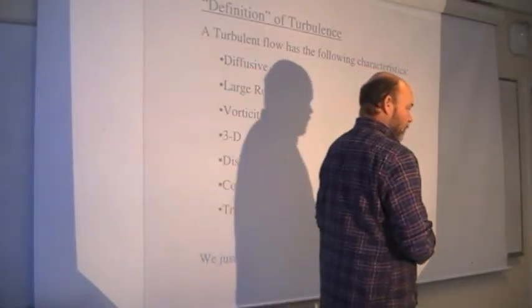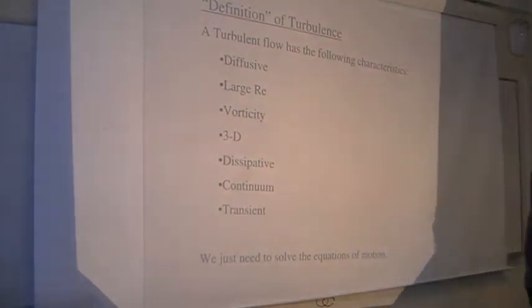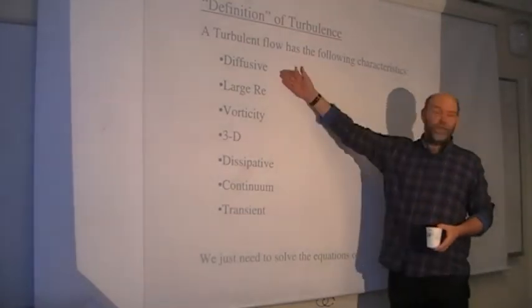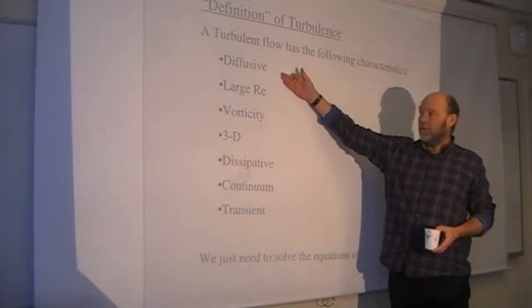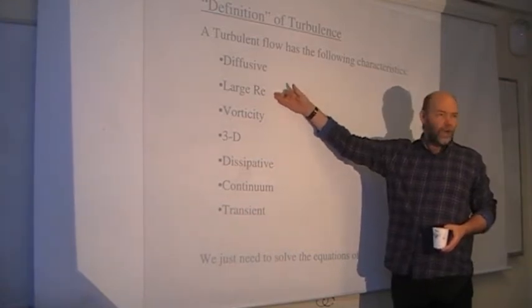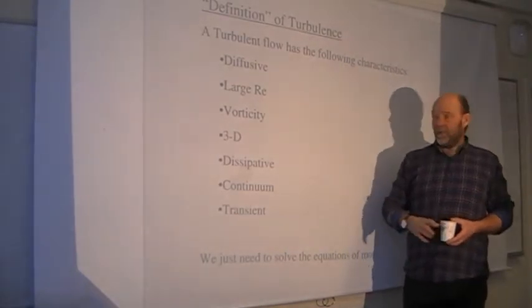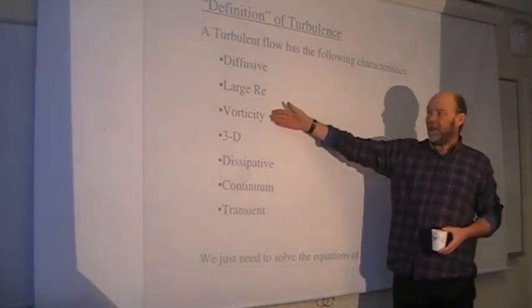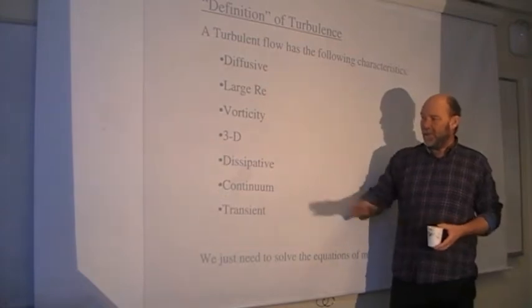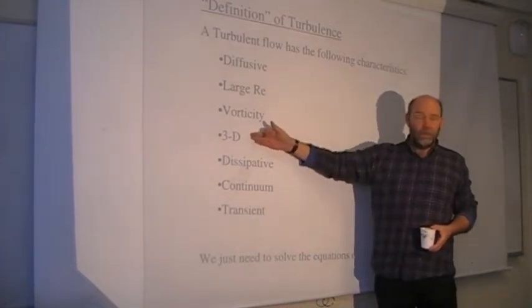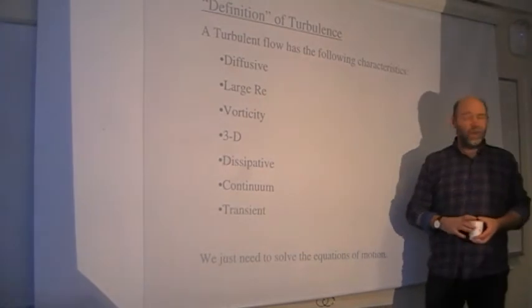We define turbulence as a flow with all of these characteristics. The flow is always diffusive, with a high degree of mixing. It's a large Reynolds number phenomenon. We have a lot of vorticity and a lot of different scales in all the different vortices. It is a three-dimensional concept.